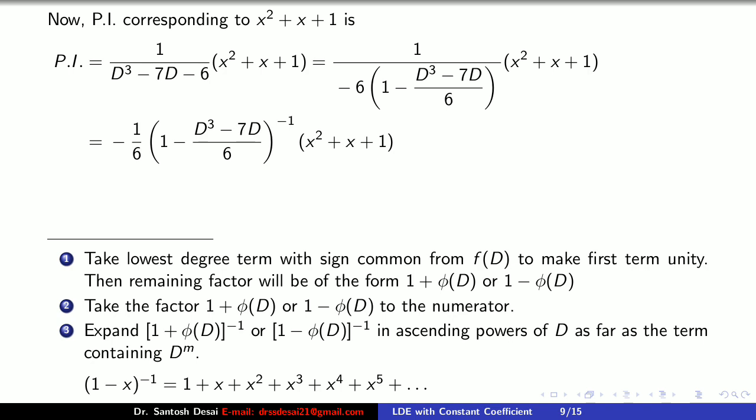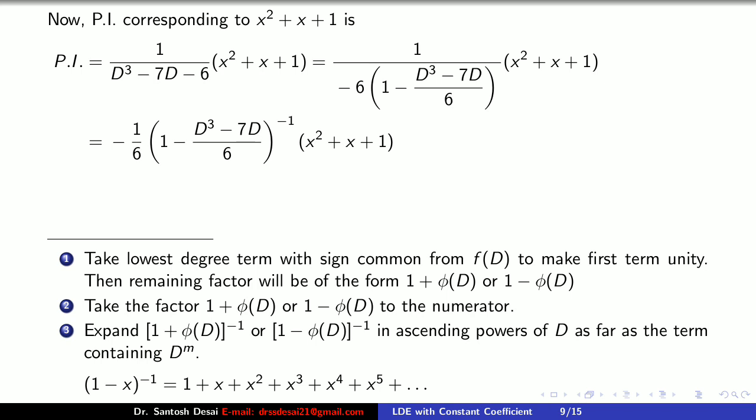Now if you observe here, the given function contains x square and x, and the highest degree term is x square, that is 2 is the highest power. So therefore we expand the expansion till it contains the first three terms.